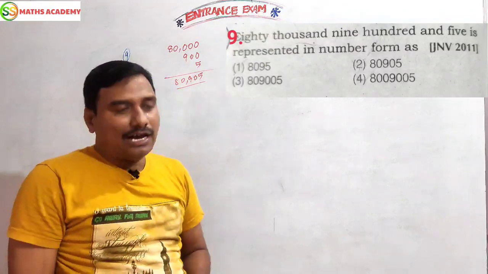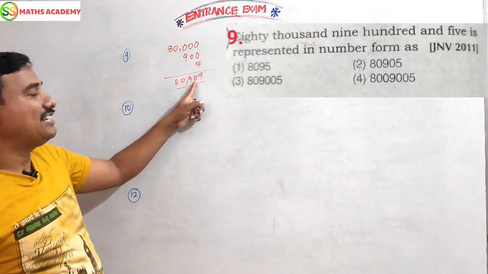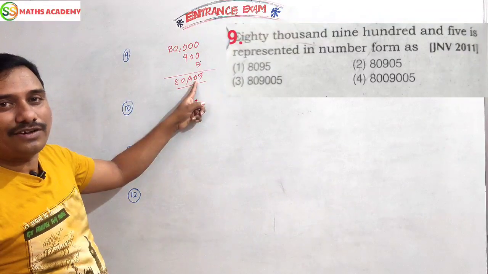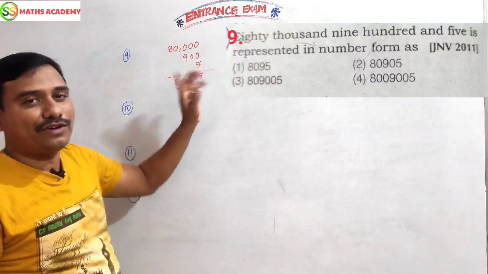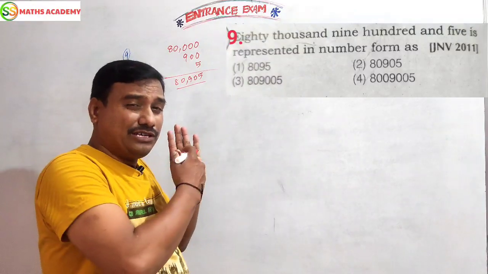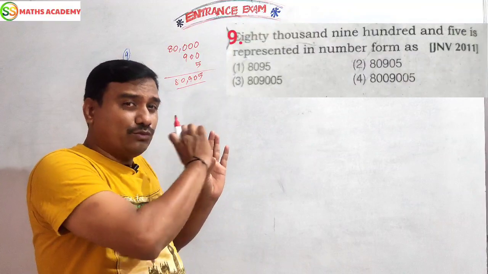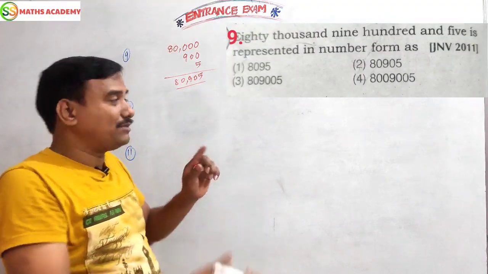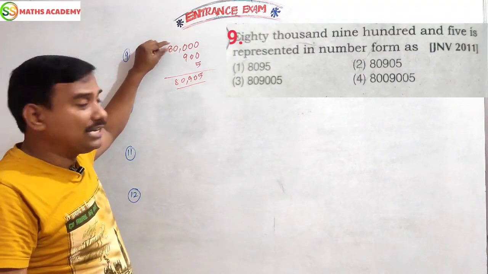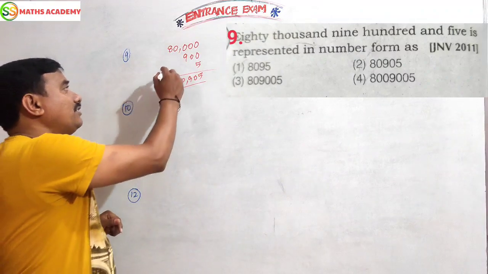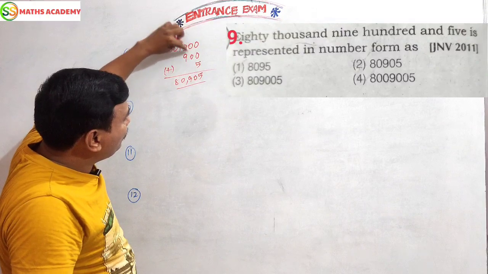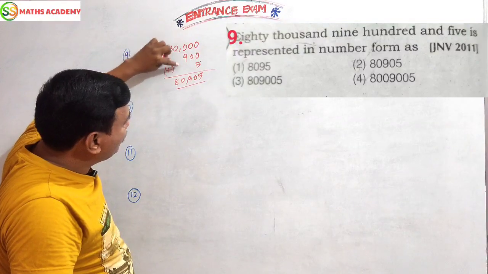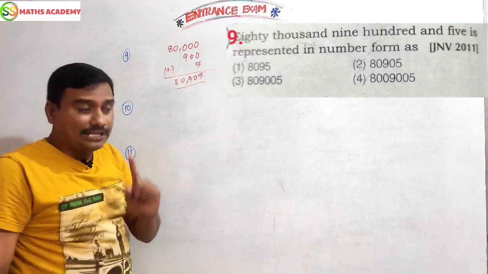In your options, option number 2, 80,905. Ones, tens, hundreds, thousands, ten thousands. So they have given it in words in that exam, and we have to write it in the number system. It is better to write each and every word separately. After that you can write plus and add it. But you write in order, which is very, very important. This order will be very, very important. Okay. Next, the 10th question, see that.